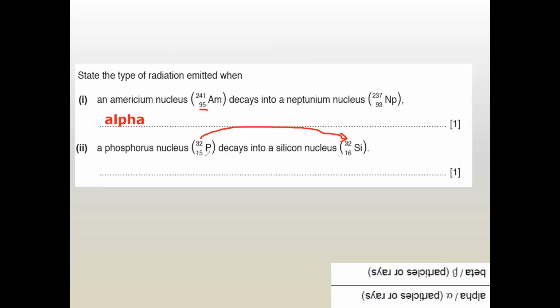But 15 becomes 16. So no change in the nucleon number, but the atomic number increases by 1. So which type of emission is this? This is a beta emission. So whenever there is a beta emission, the atomic number increases by 1 and the nucleon number or the mass number does not change.